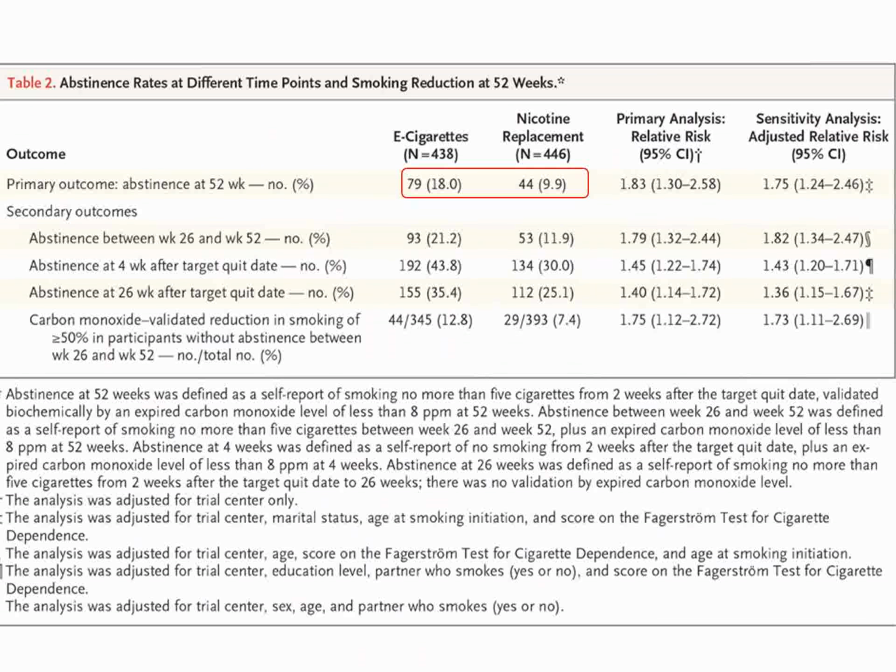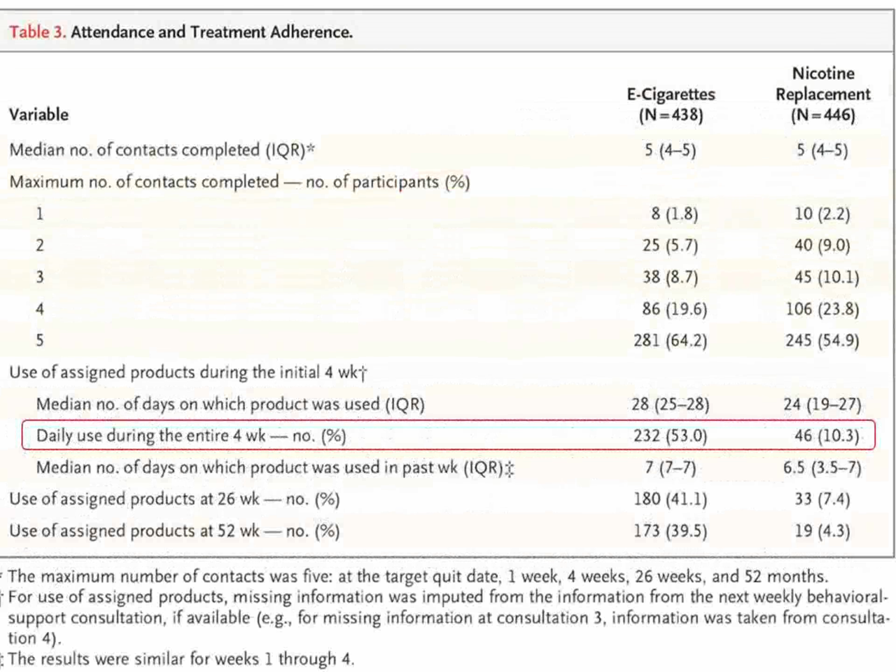Now, what we see here is that the patients preferred vaping to nicotine replacement by a whopping 100% difference. 79% of the vapers were still at it, compared to only 44% of the nicotine replacement subjects.